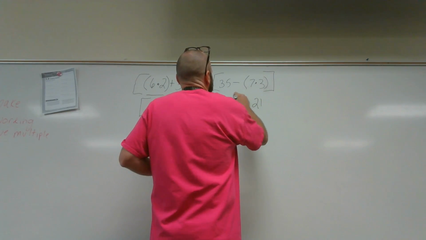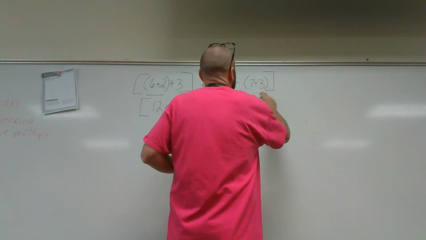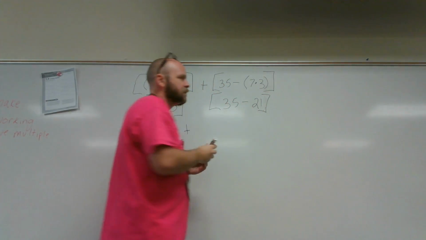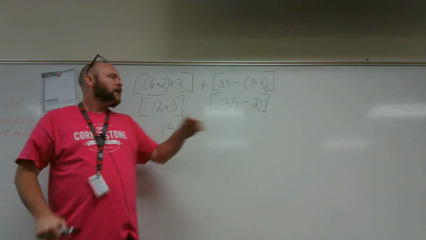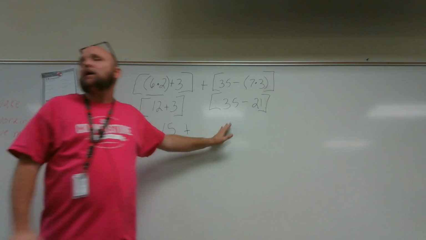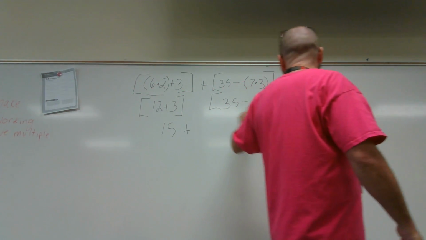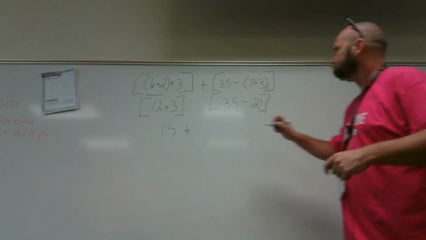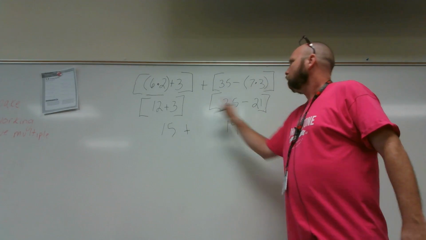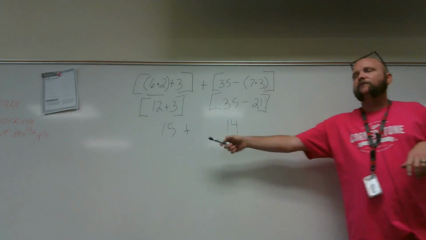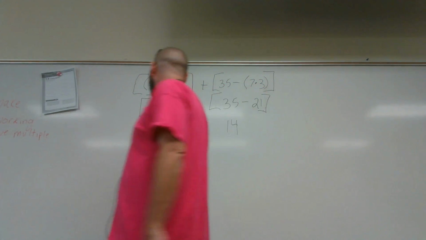So inside these brackets, I only have one expression. Helen, I want to find the difference of 35 and 21, which is 14. Since I've simplified the expressions in the brackets, I've come down until I only have one operation.